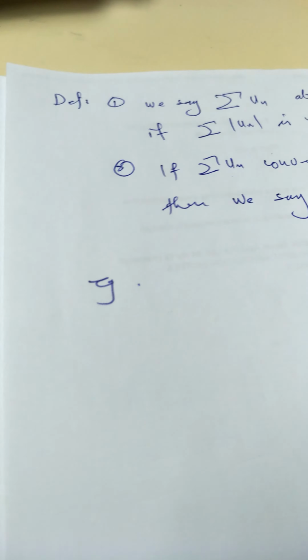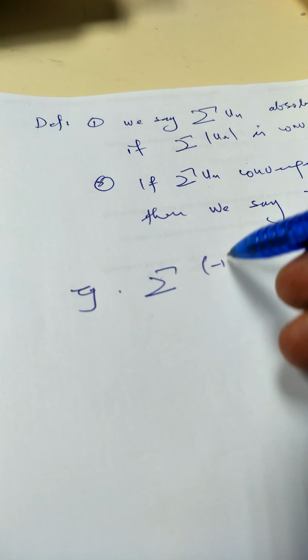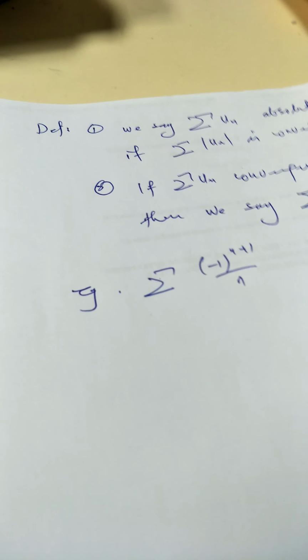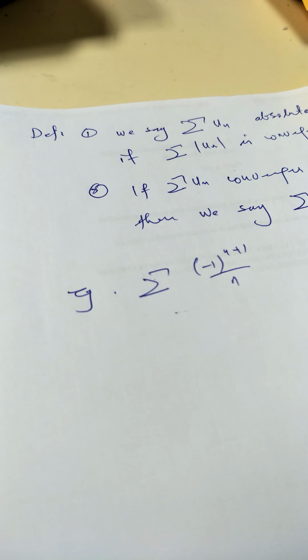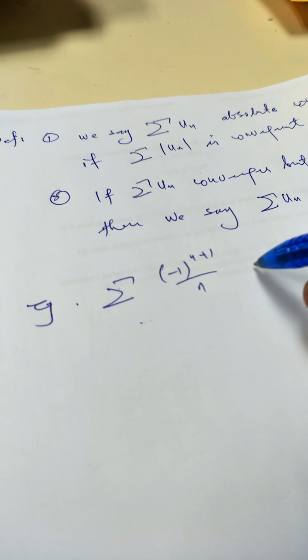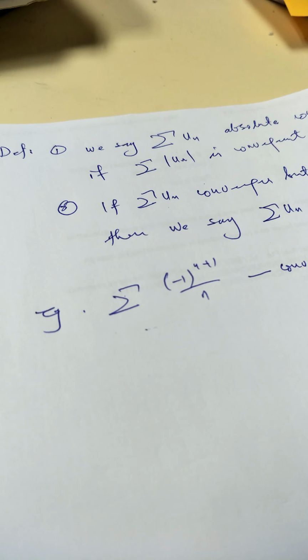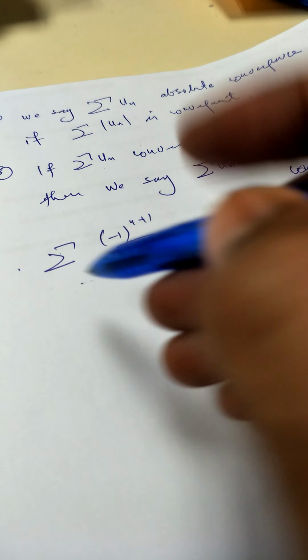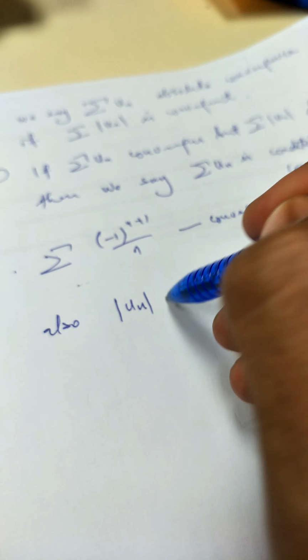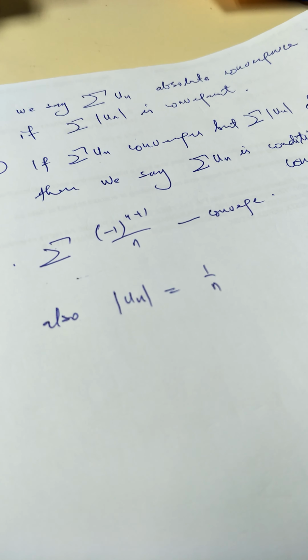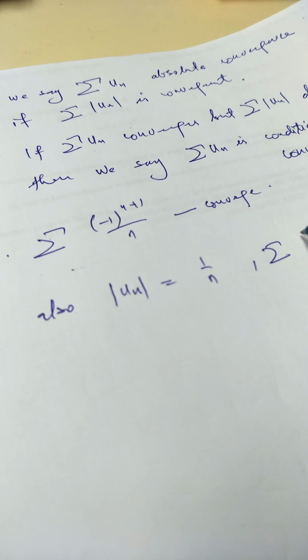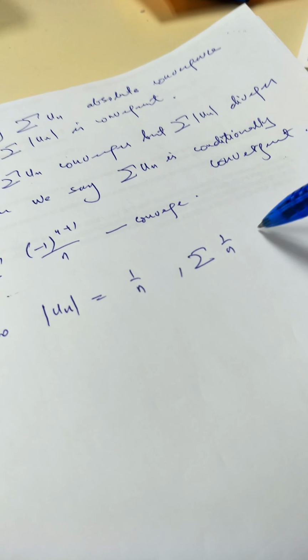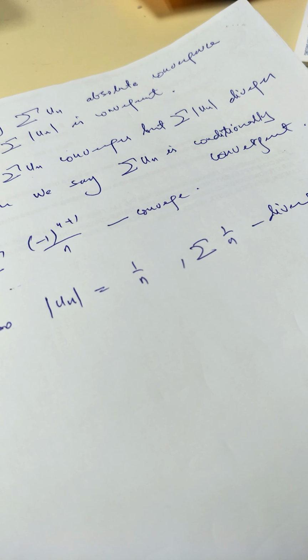Let's see an example. If you look at this series, (-1)^(n+1) over n, we have shown in the last example that this series converges. But we also know that if you take the absolute value, that gives you 1 over n, and that series 1 over n diverges. We know this.